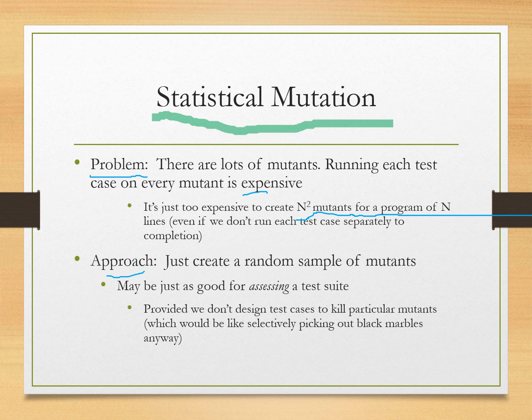What is the approach? Just create a random sample of mutants, which may be just as good for assessing a test suite, provided we don't design test cases to kill particular mutants, which would be like selectively picking out black marbles anyway.